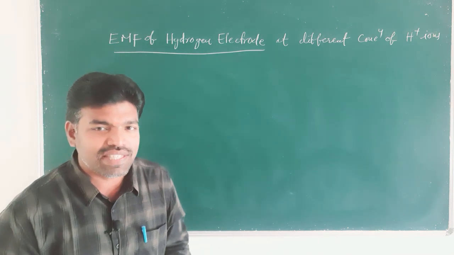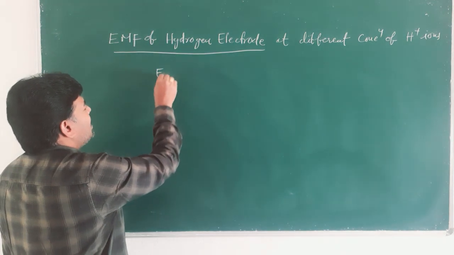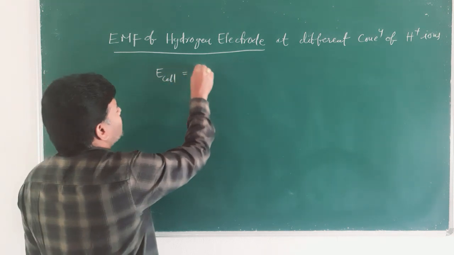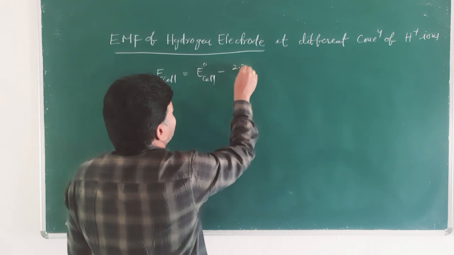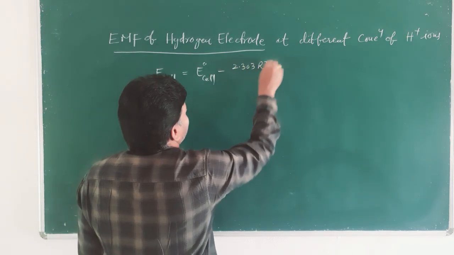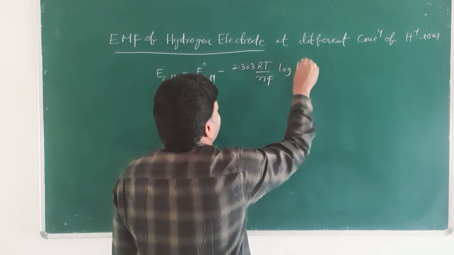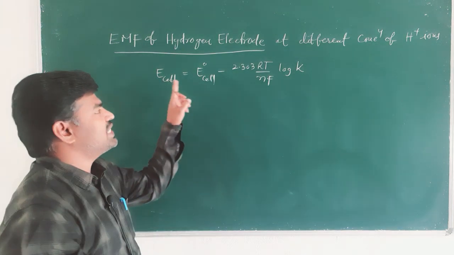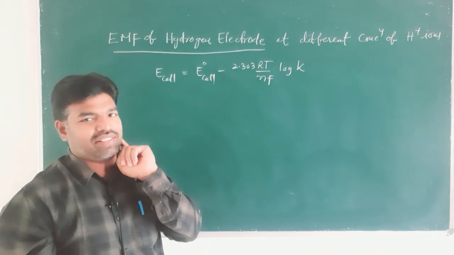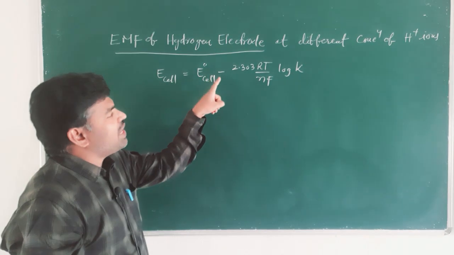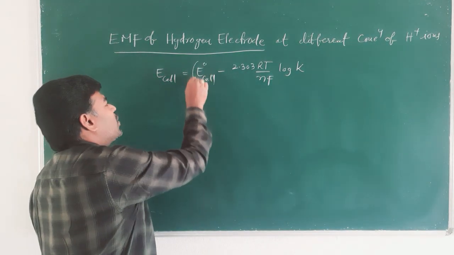What is that Nernst equation? E cell is equal to E naught cell minus 2.303 RT by nF log K. This equation is applicable to single electrode reactions, and it enables us to find the EMF of a single electrode by taking E naught cell as 0.